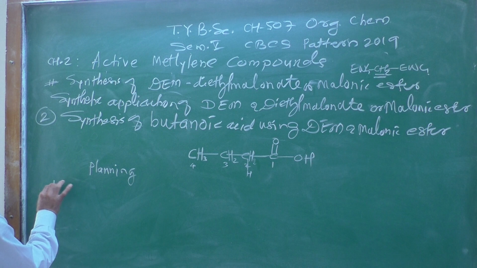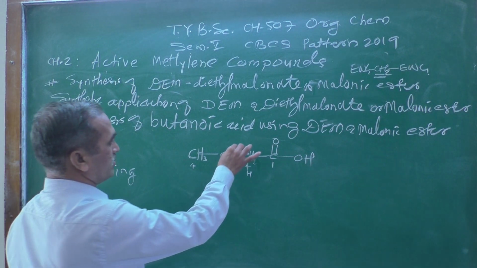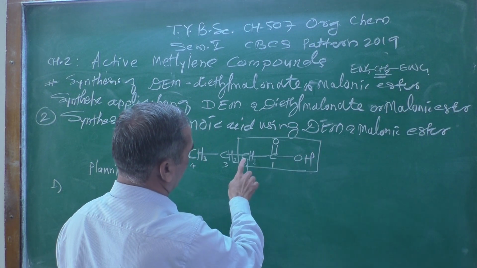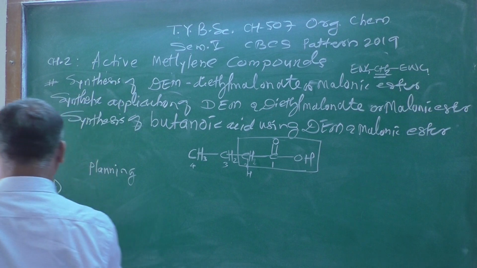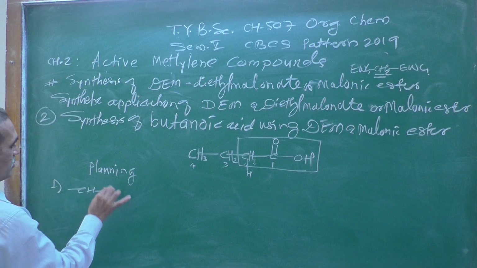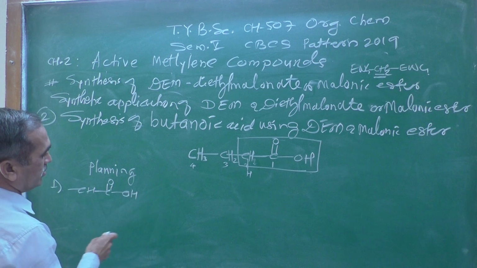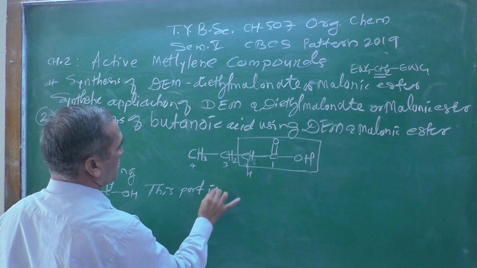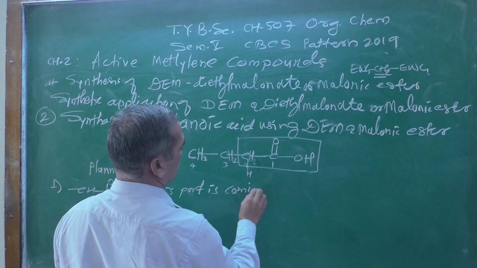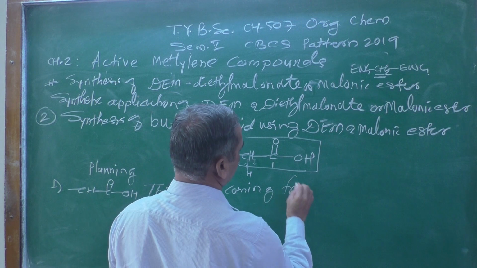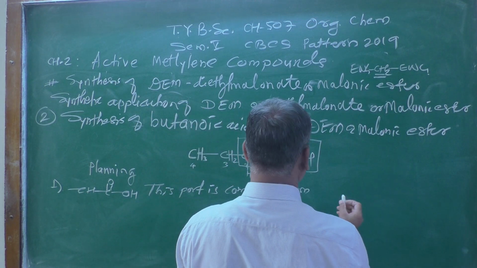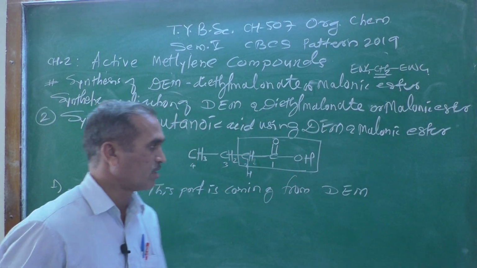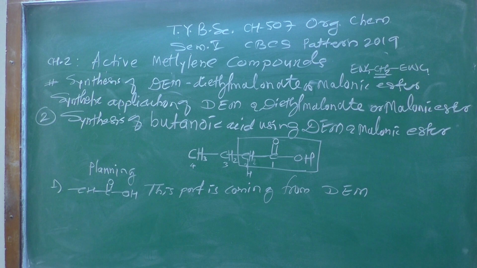So the first point here: I am highlighting this part of the molecule with a square bracket, CH double bond OH. This part is coming from DEM. DEM is diethyl malonate or malonic ester.